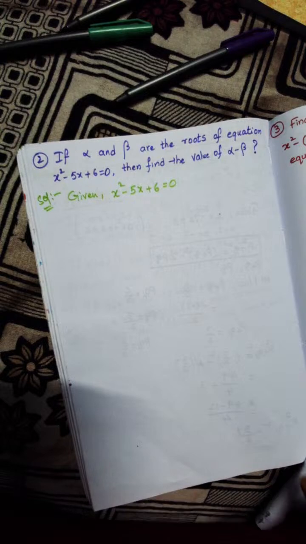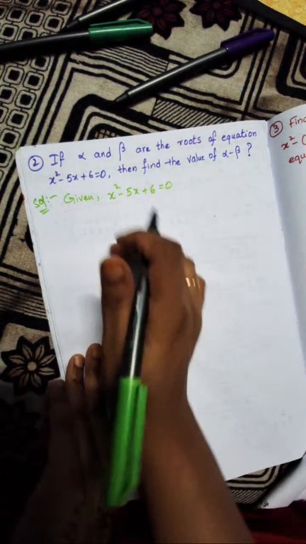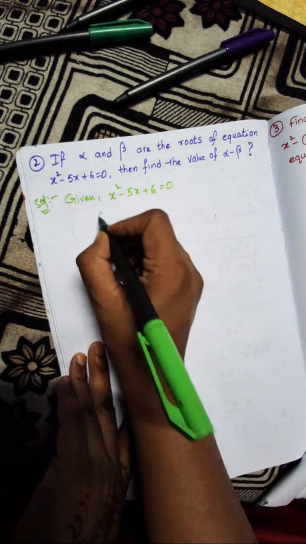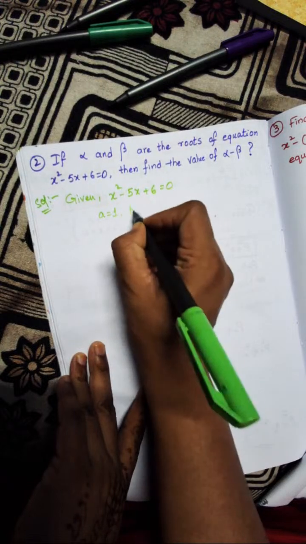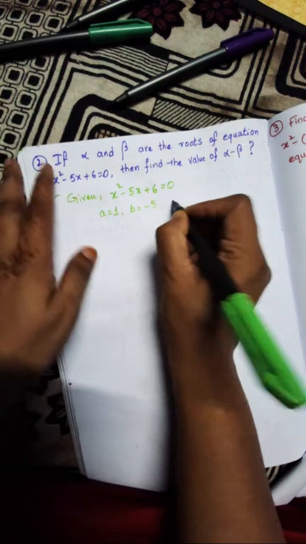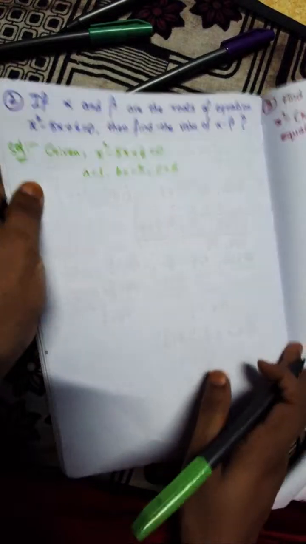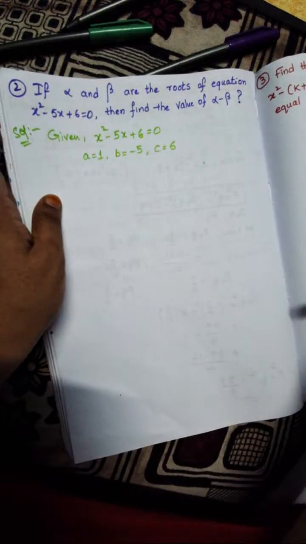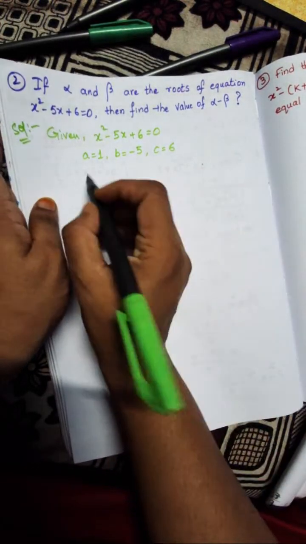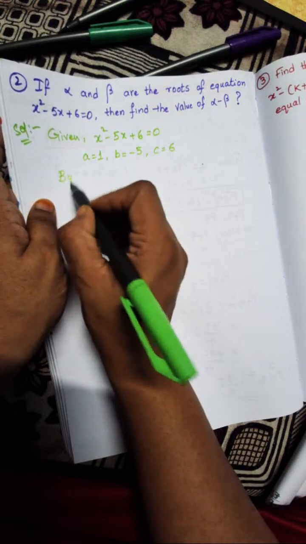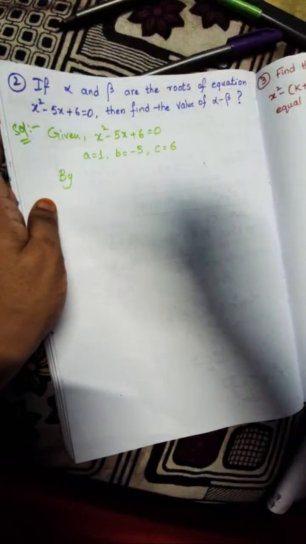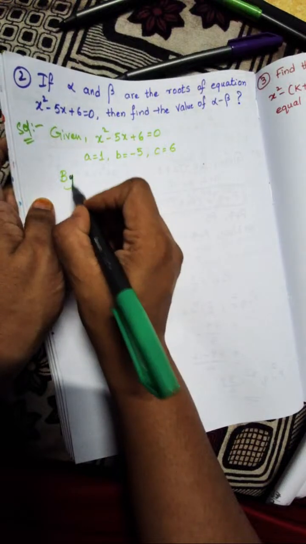Okay, now what we have, coefficients: a equal to 1, b equal to minus 5 and c equal to 6 here. Okay, now what is used in this problem? Which formula are we going to use in this?